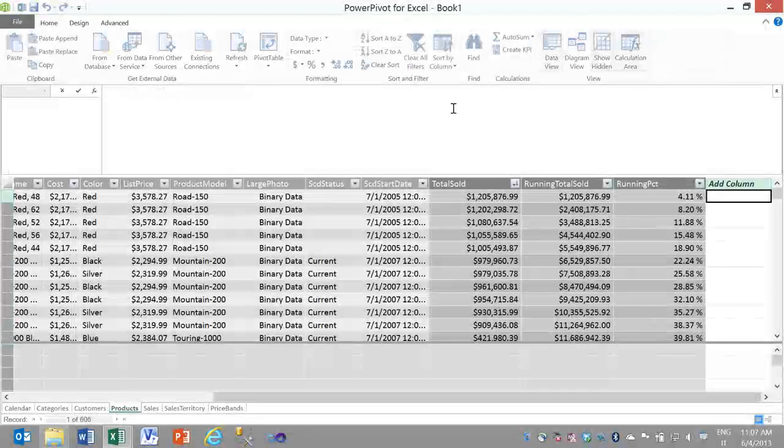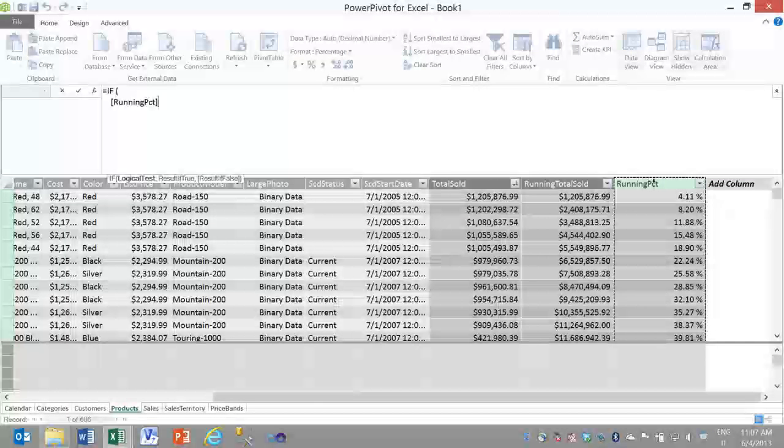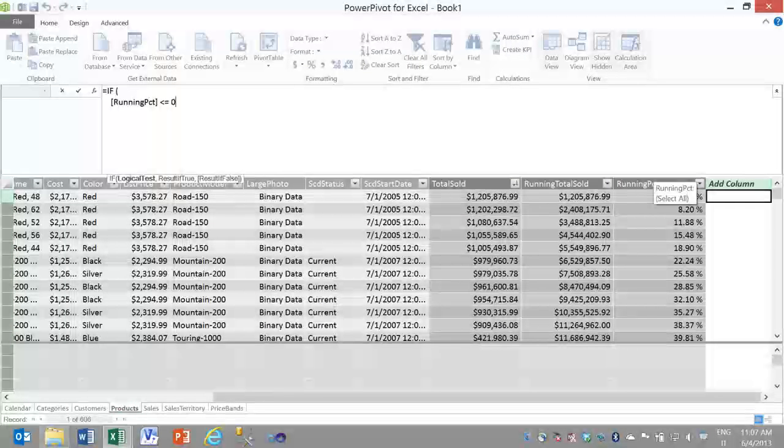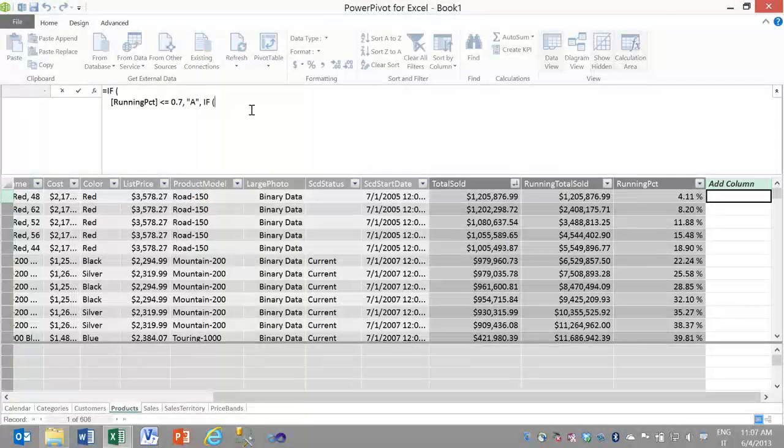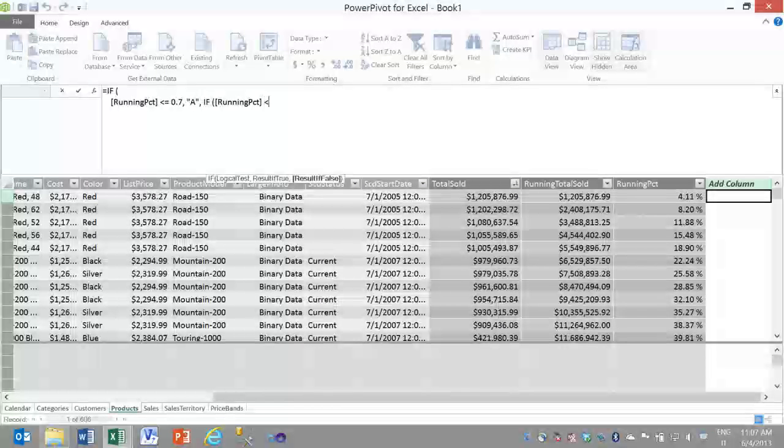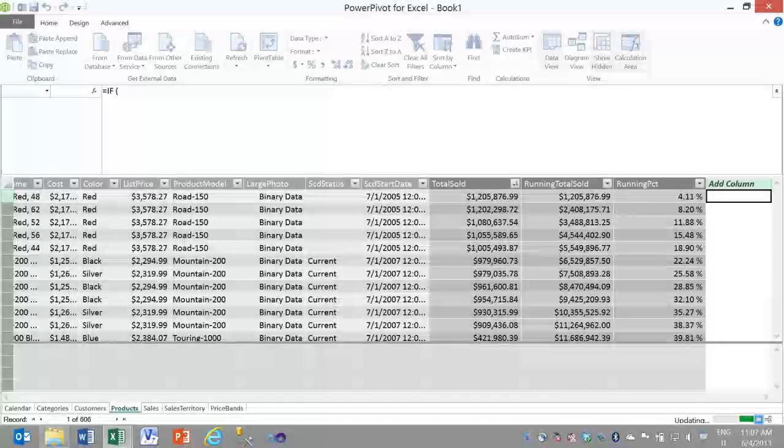And finally, you compute the last column, which is the ABC class, where you simply check if running percentage is less or equal 0.7, then you are in class A. Otherwise, if running percentage is less or equal 0.9, then you know we are in class B. Otherwise, we are in class C. Let's hope.